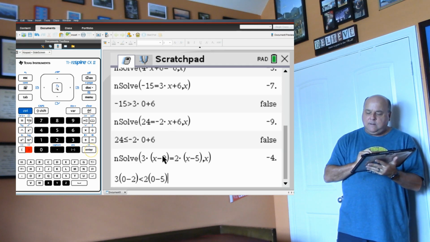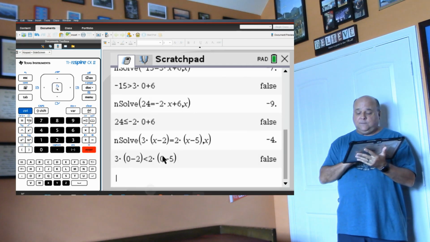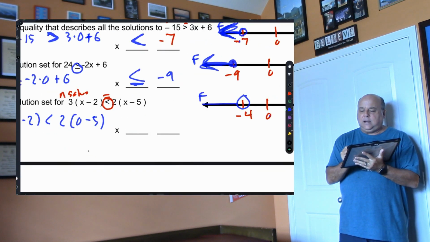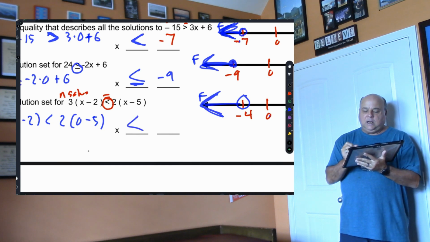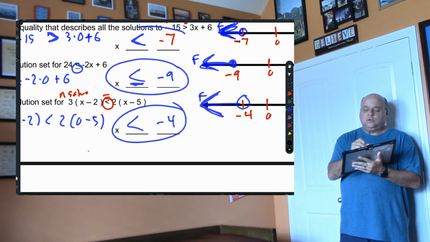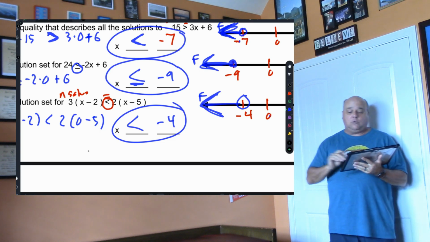I got it typed in, and this one is also false. They all came out to be false, didn't they? So go back to your paper. It's false, so that means the arrow goes this way, and this is the arrow tip I want. So it's going to be less than negative 4. This is what you would pick in a multiple choice. Make sure you can get the multiple choice and make sure you can graph.